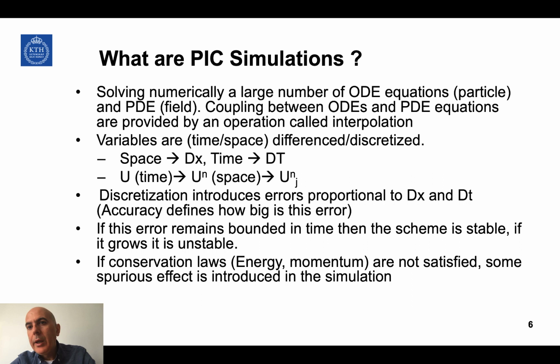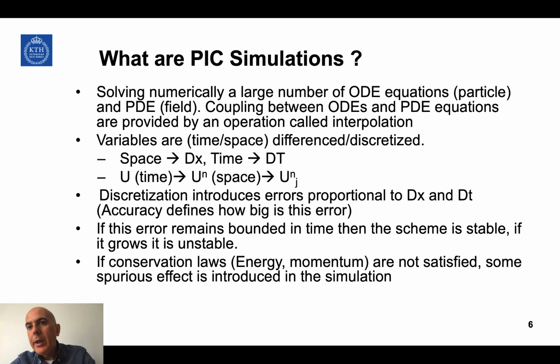We are using discretized equations, so we need to do this basic operation called discretization of time and space. The time is not continuous anymore, right? It will be defined only at certain time levels. The same for the space. The space is not continuous anymore, but our variables are only defined at certain grid points.